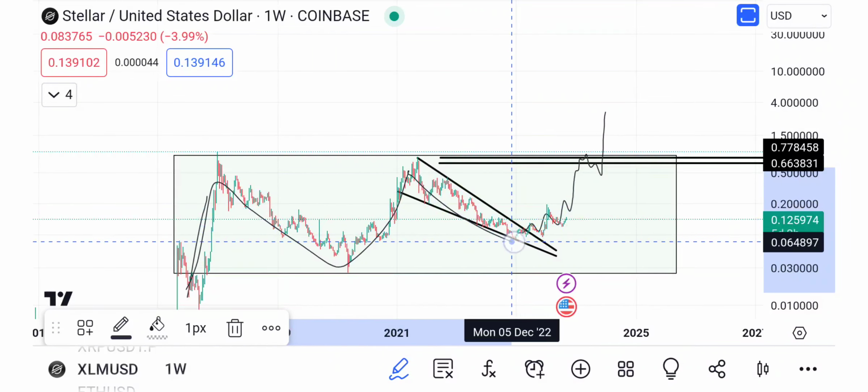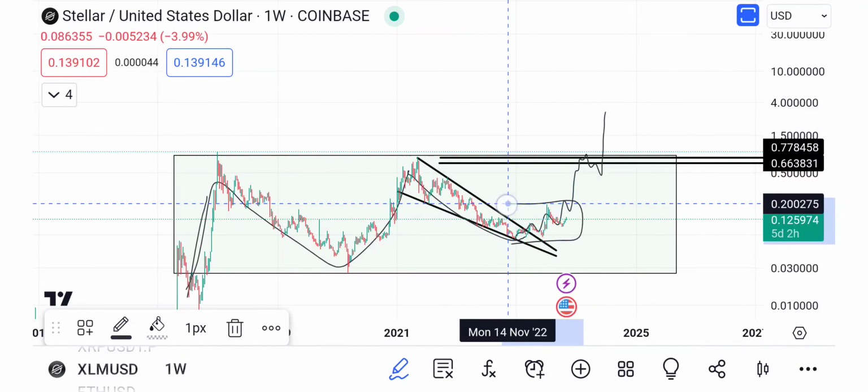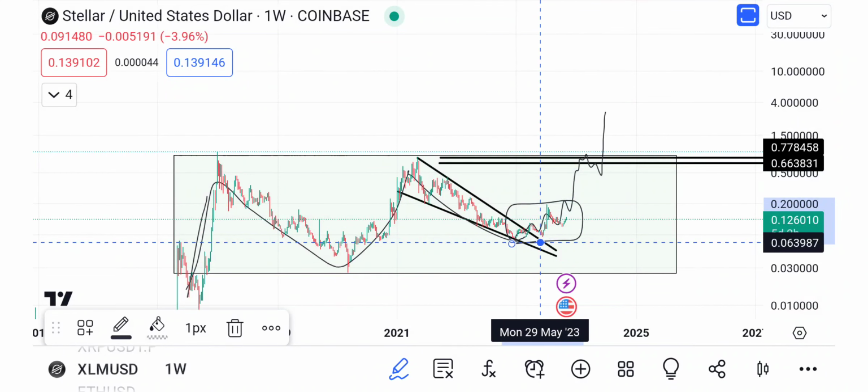Then we had reaccumulation, which is furthering it even more. And now we're in this other accumulation area, and it looks like it's setting up for higher prices. So XLM looks incredibly bullish, equally to that of XRP, if not maybe even more than XRP.